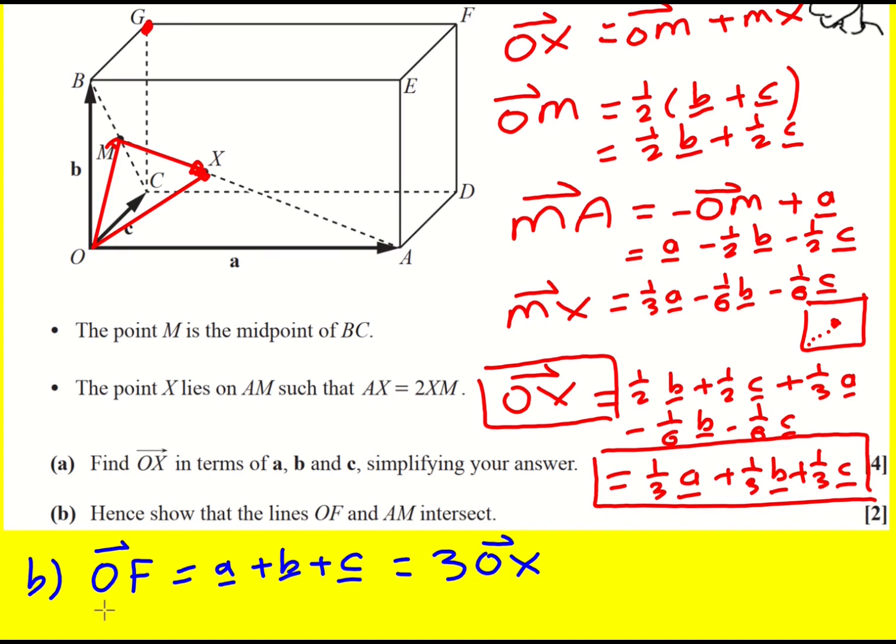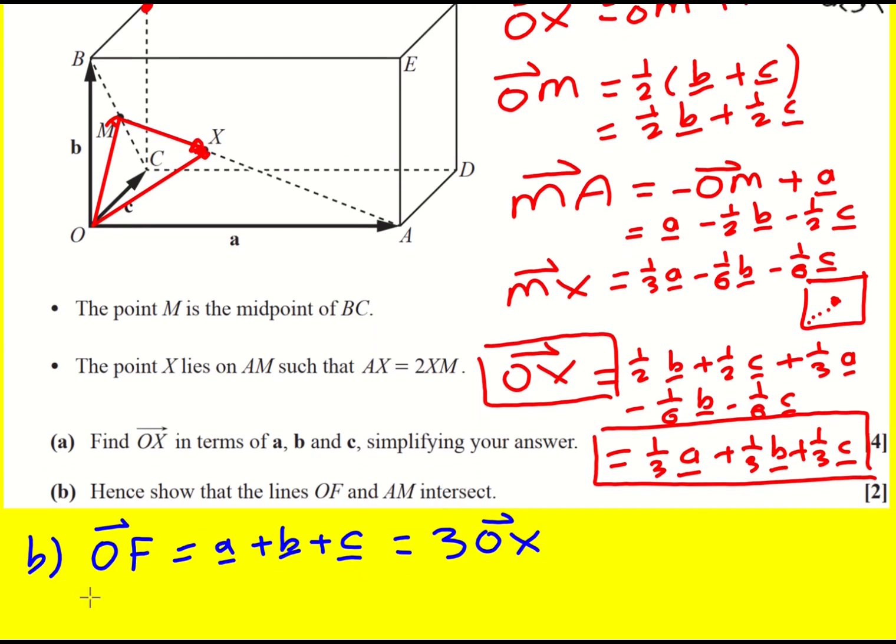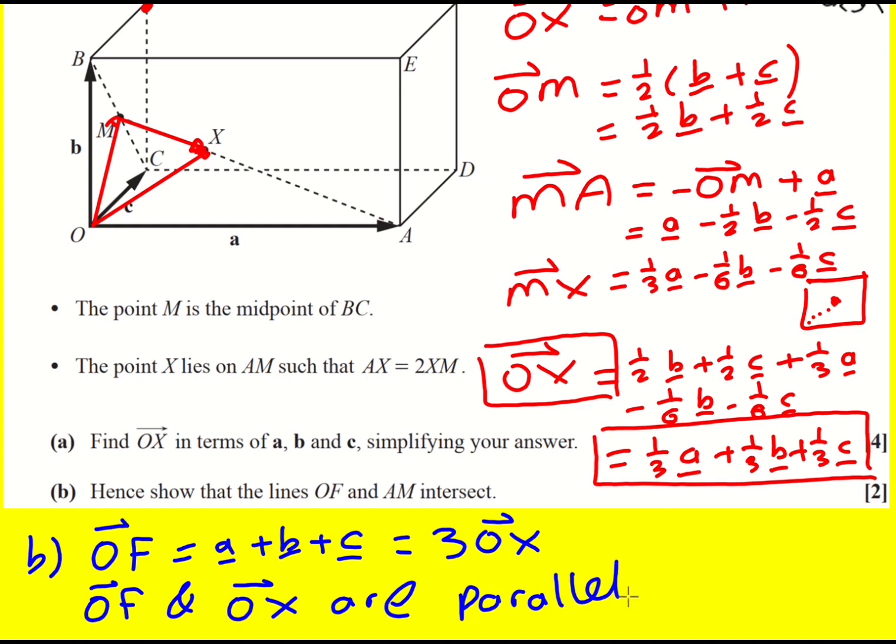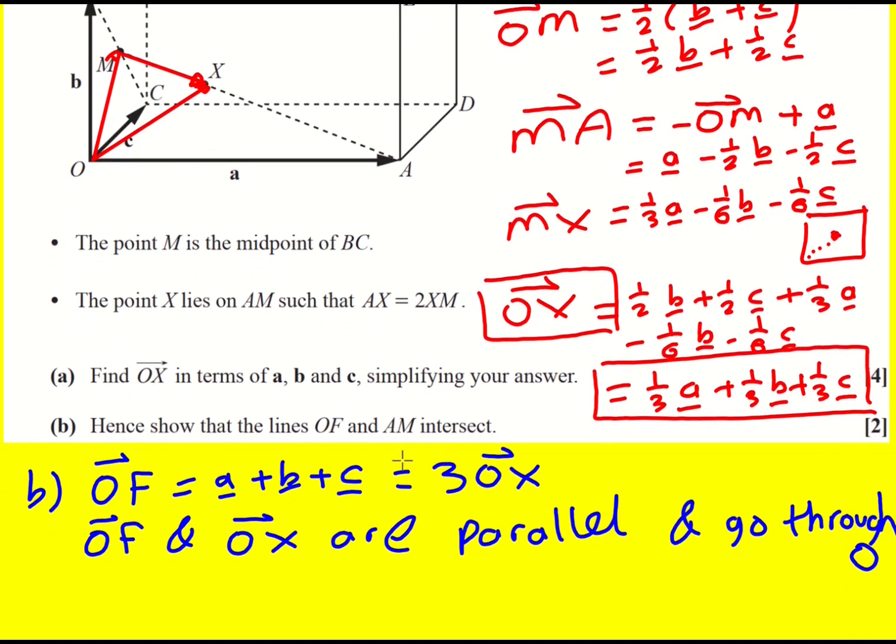And therefore, what that means is that OF and OX are parallel, and they go through the same point, O. So OX and OF are on a straight line.